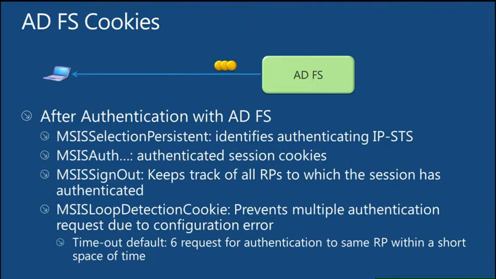And then you go to application 3 and it extends that cookie again. Application 4 extends that cookie again. And then you can implement federated sign-out. When you implement federated sign-out, it knows where you've been and authenticated, and we can sign you out from all those applications. And then the last one there is the MSISLoopDetection cookie for detecting loops.